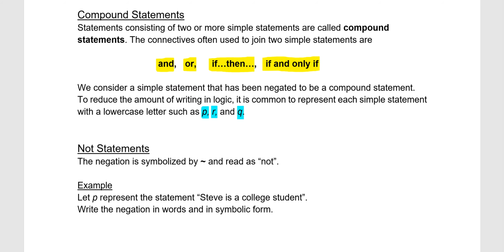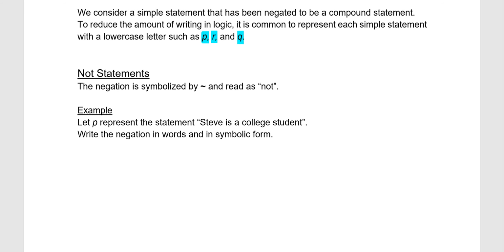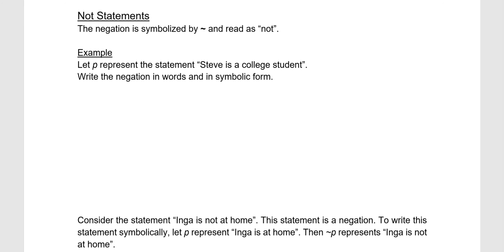Okay, so let's start with not statements. The negation of a statement is symbolized with the little tilde, and it is read as not. So that's the symbol for negation. Let's do an example. Suppose P represents the statement, Steve is a college student. Let's write the negation in words and in symbol form.